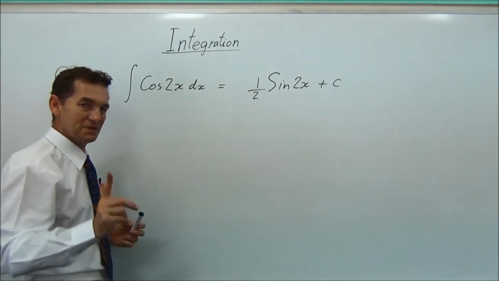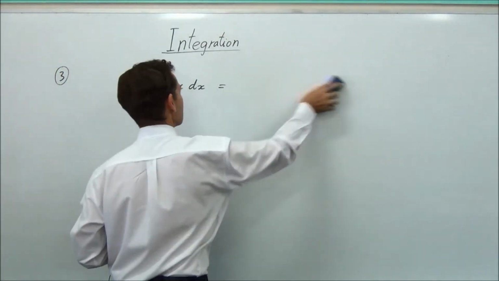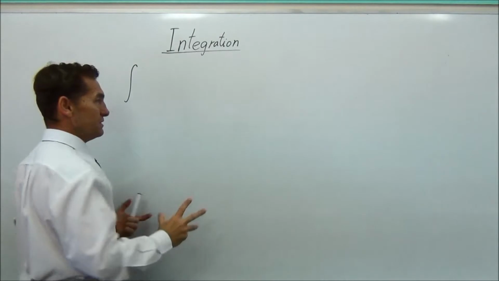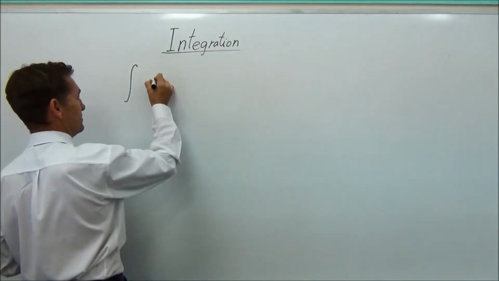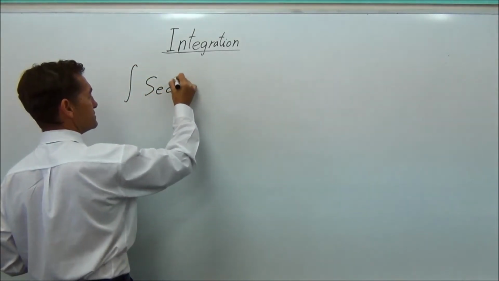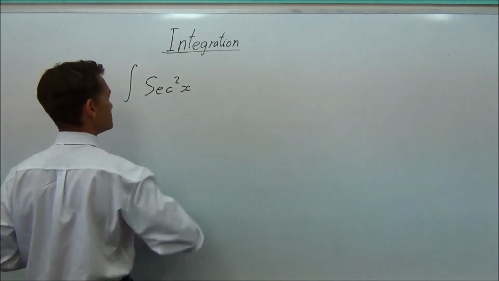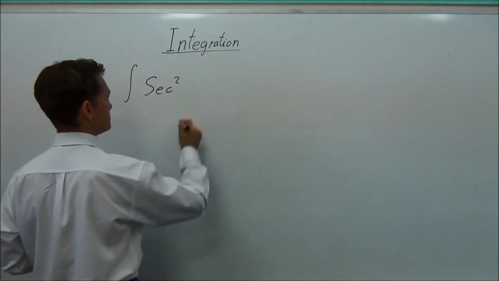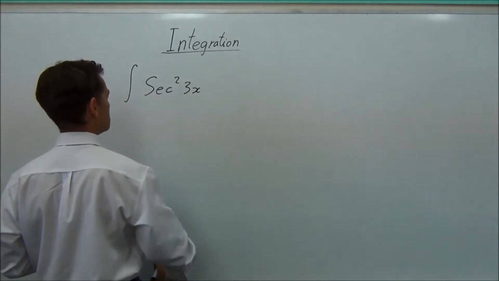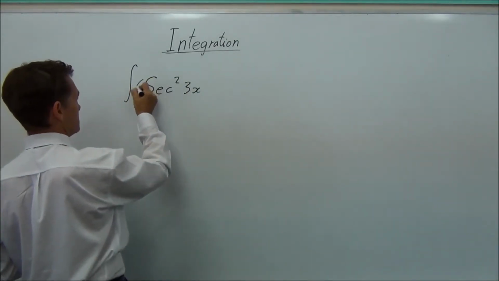Okay? So let's do another one. So if we change this to another recognisable one, you should recognise sec squared x, and let's change this to 3x, and let's put a 6 there.